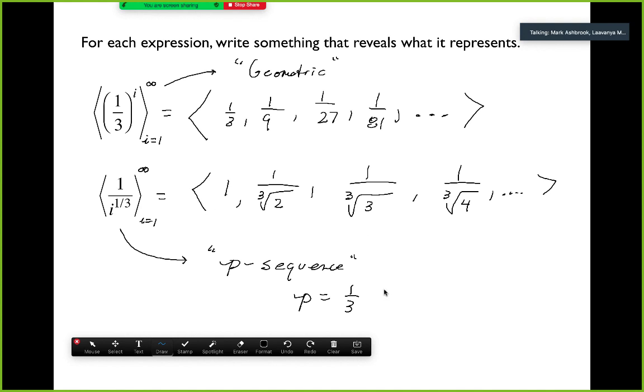What was our rule for the P sequence? It converges to 0 as long as P is greater than 0, as long as that exponent is positive, doesn't matter how small it is. Meaning, as long as that exponent's positive, your denominator is going to get infinitely large, even if it's a fraction like 1/3.